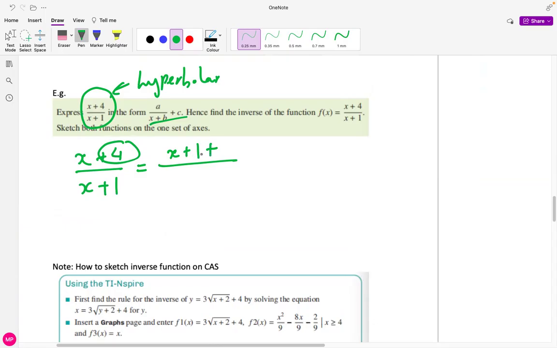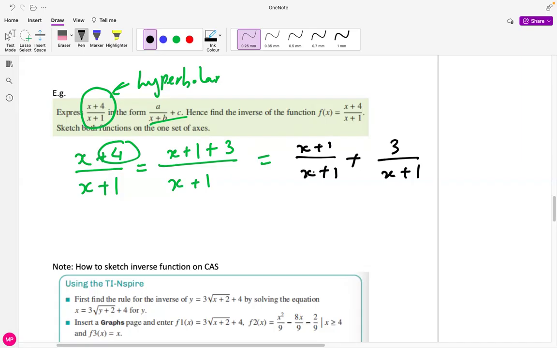So 4 is broken up into 1 + 3 over x + 1. And then you will have (x + 1)/(x + 1) plus 3/(x + 1). So you split them up into two fractions. (x + 1)/(x + 1) equals 1, plus 3/(x + 1). So this is one way you can make a hyperbola.